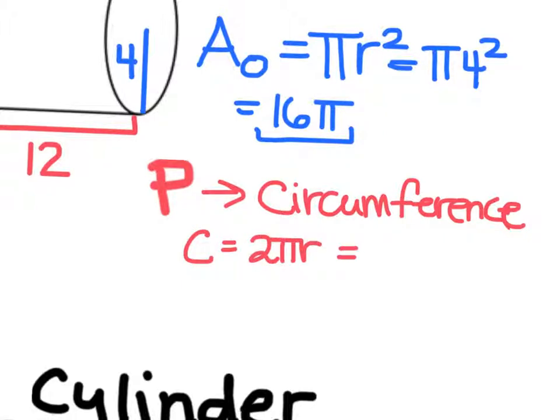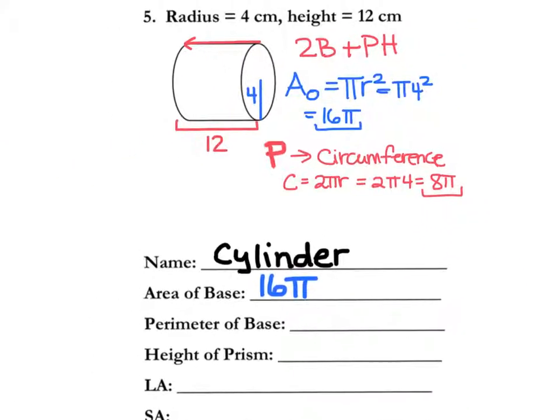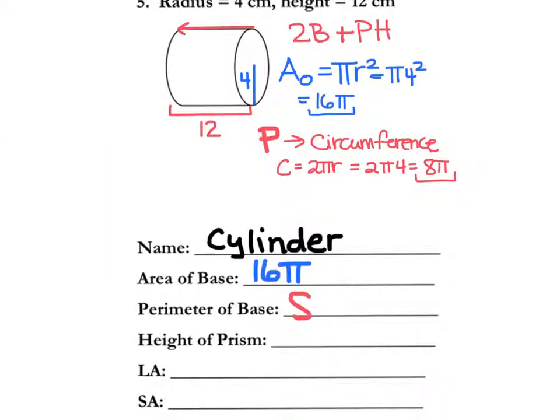Well, the radius is 4, so 2 times pi times 4, which is 8 pi. That's my perimeter. Okay, height of prism, they gave us that. It's 12. Plug it in.